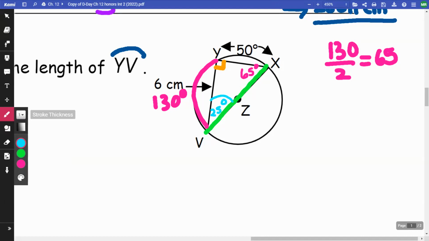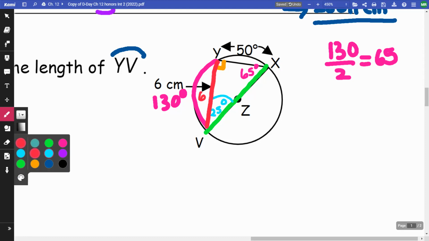So what I'm going to do is I am going to have adjacent, because the 6 is right here. Okay, that is our 6. And I want to find the length of Vx.